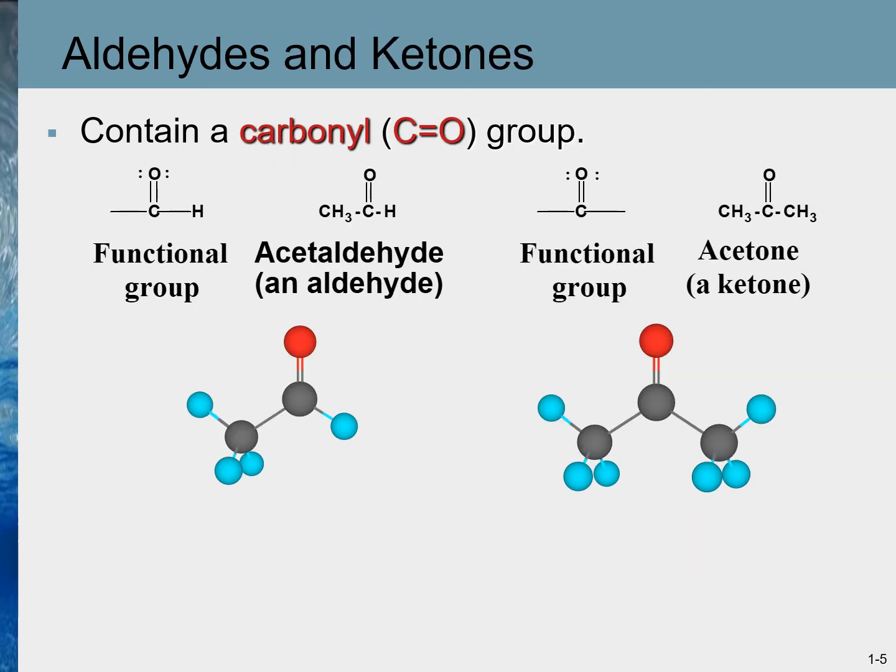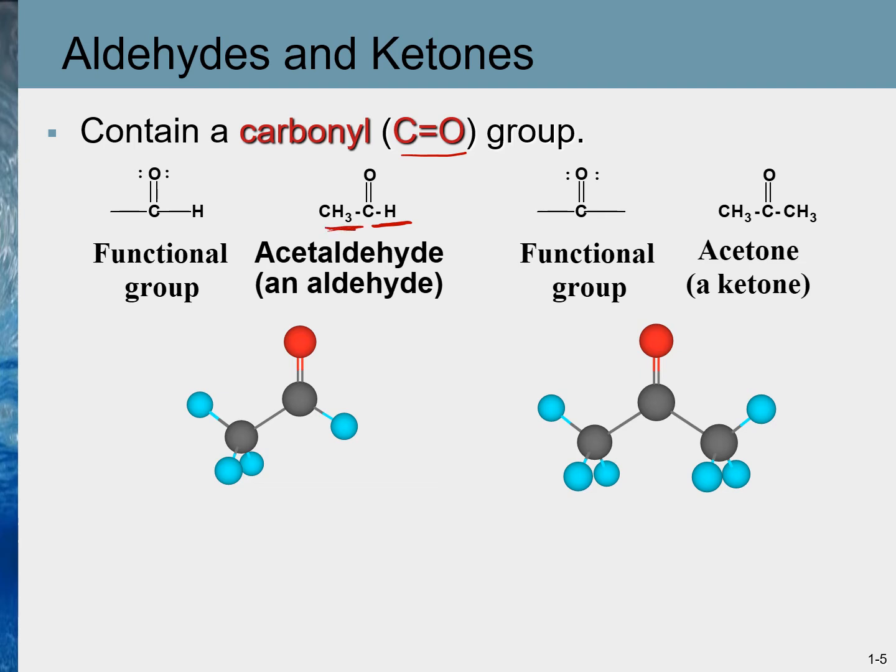The functional group of both aldehydes and ketones is the carbonyl group, which is carbon bonded with oxygen with a double bond. In aldehydes, the carbonyl group is bonded to hydrogen on one side and is bonded to carbon on the other side.